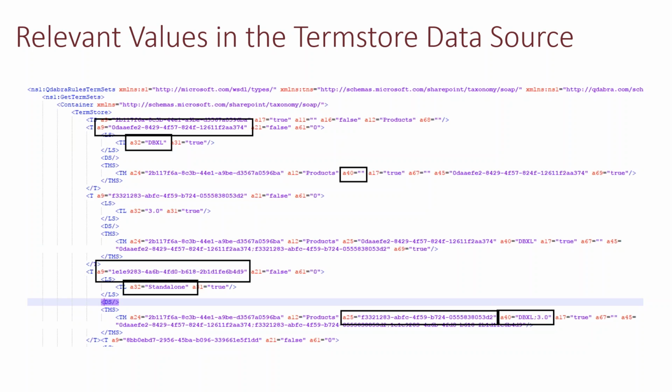So you see A25 corresponds to this A9 up here for the 3.0 tag. So it's a bit daunting at first, but you only need to know a few vital parts to know what's going on here. Just these four fields: A9, A32, A40, and A25.